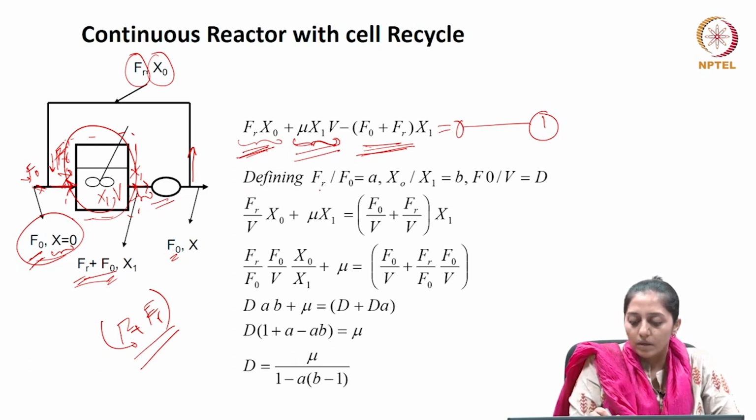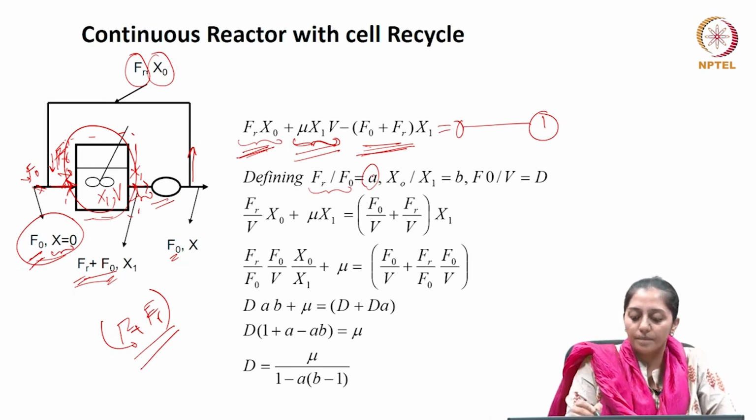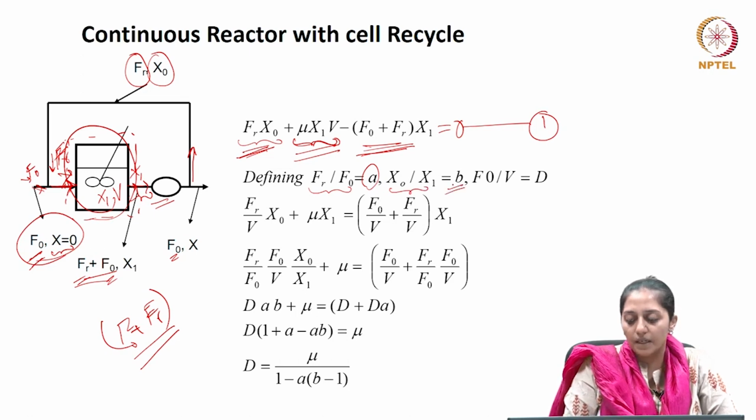Now, Fr by F0 has been represented as fraction A, x0 by x1, again this fraction has been represented as B, and F0 by V has been represented as D, which is the dilution rate.